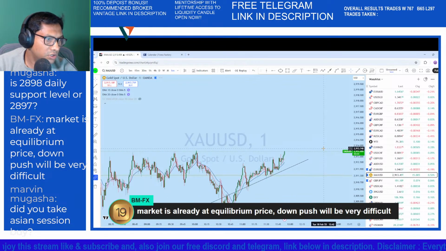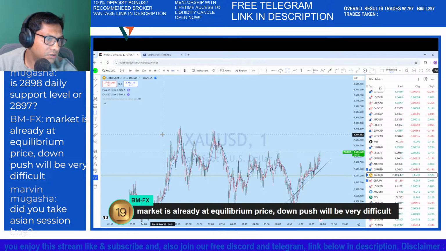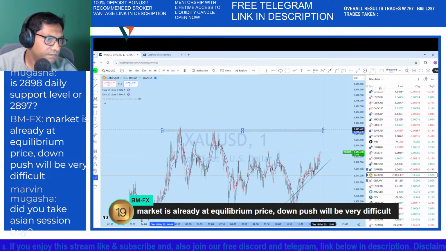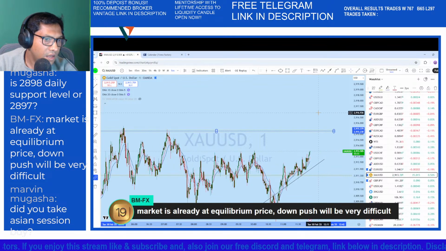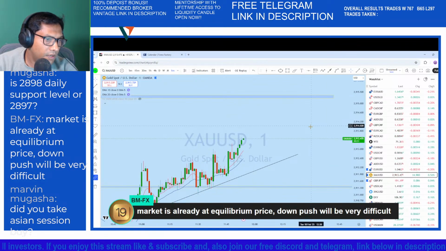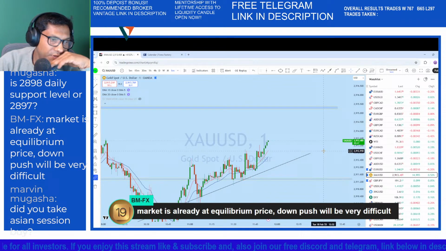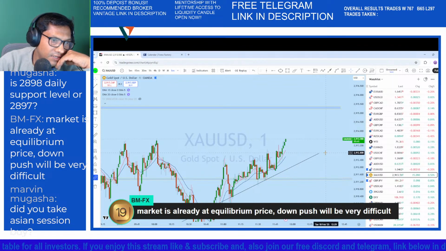All right, so this is also an important resistance line here. Here we can see the market is trending, right? Pretty strong trend here at the moment.